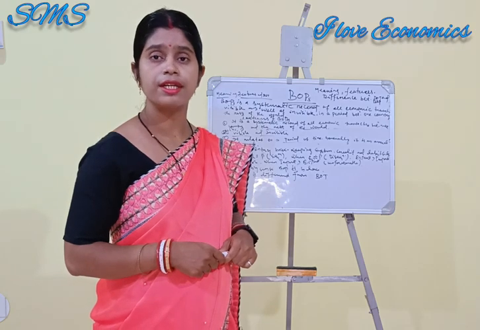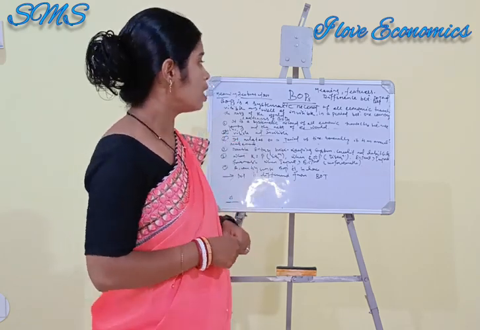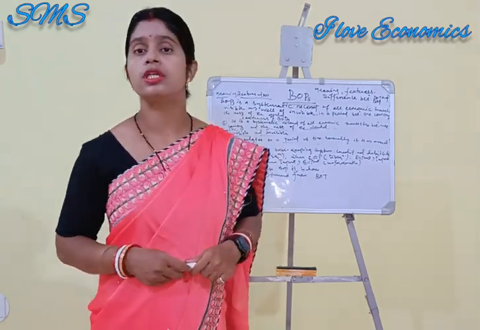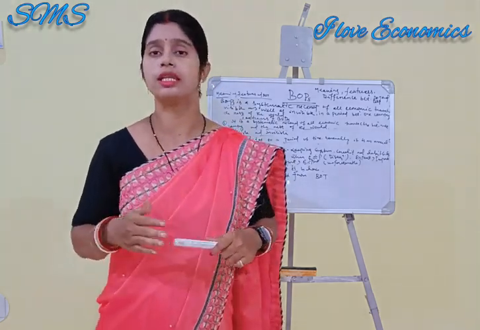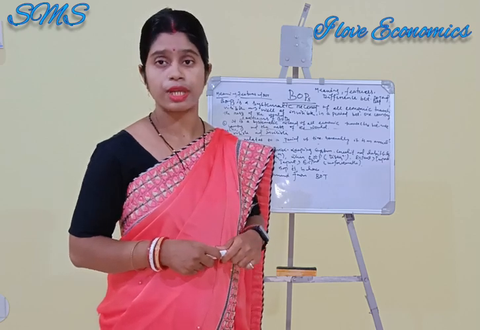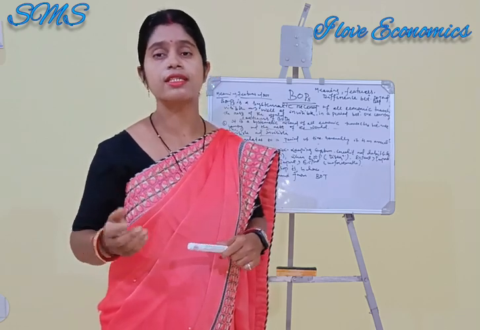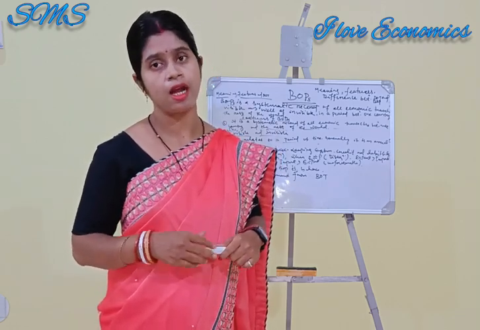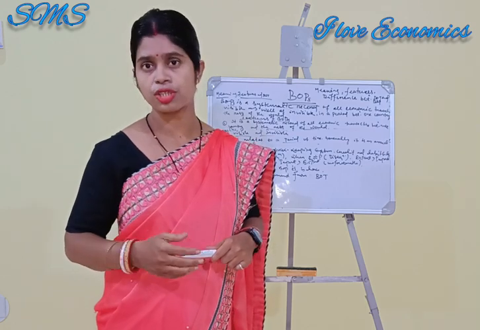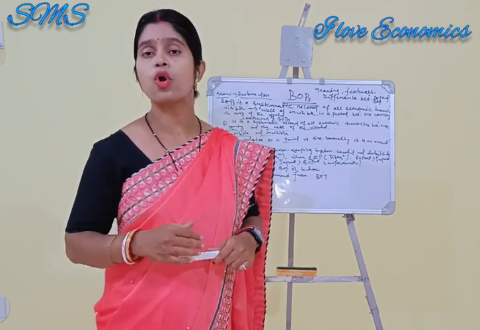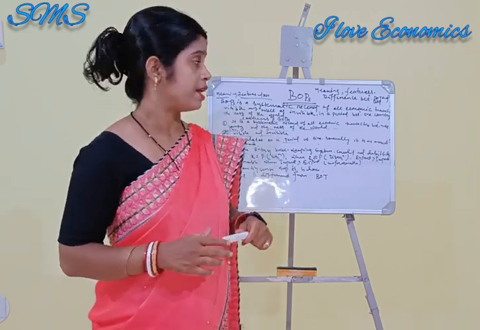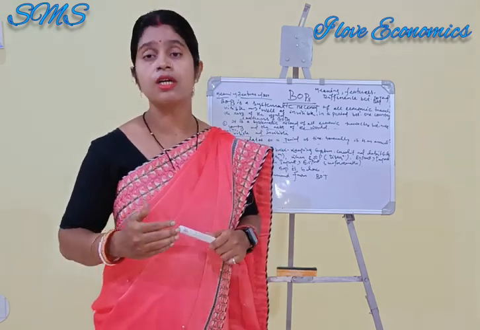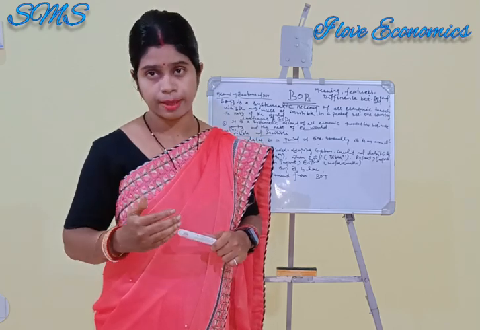That means it takes into account annually, and it deals with the rest of the world. Suppose India is trading with other countries, then other countries are the rest of the world for India, and the relationship between India and other countries is based on international trade.